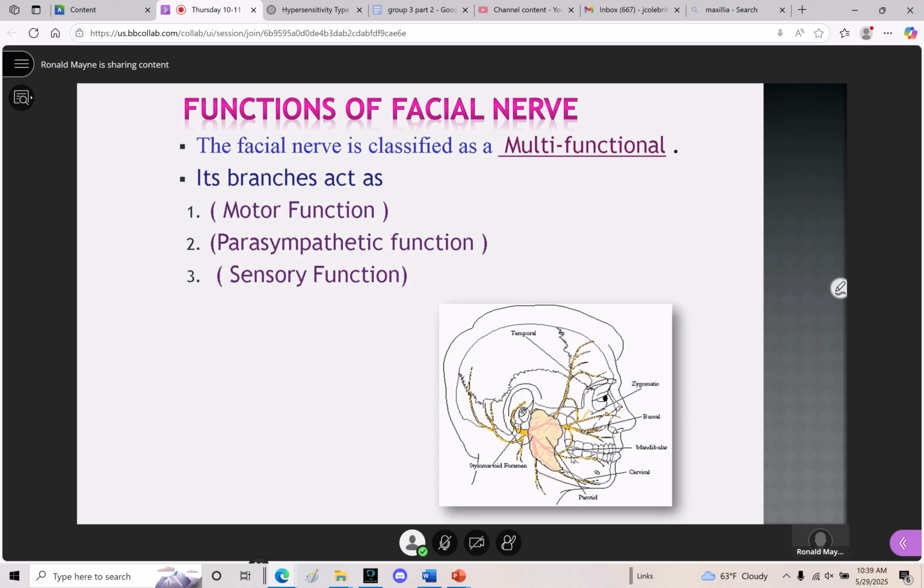A lot of mnemonics to remember this. The one I learned was, if you look at the first letter of each word I say, they refer back to the first letter of one of these branches.